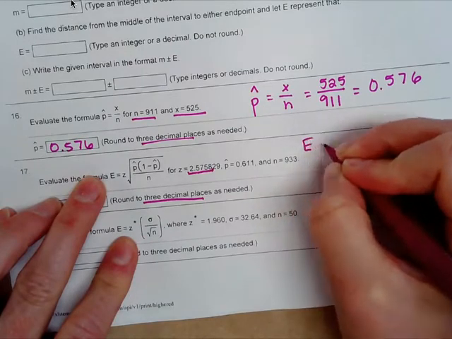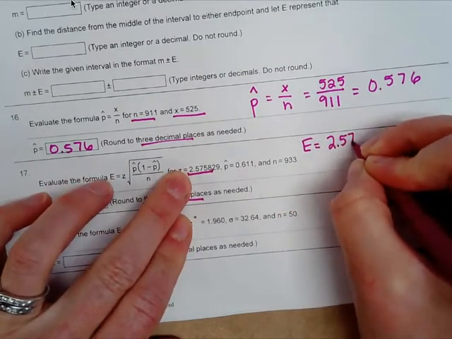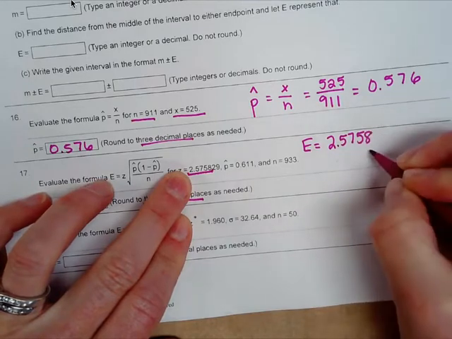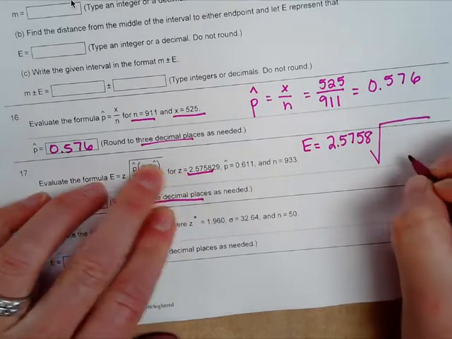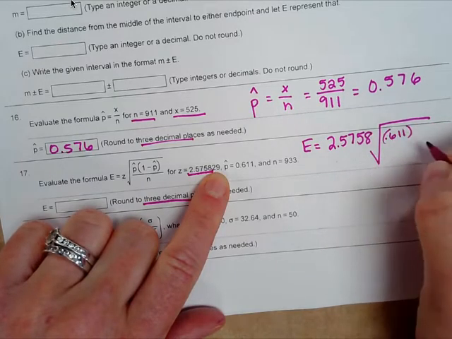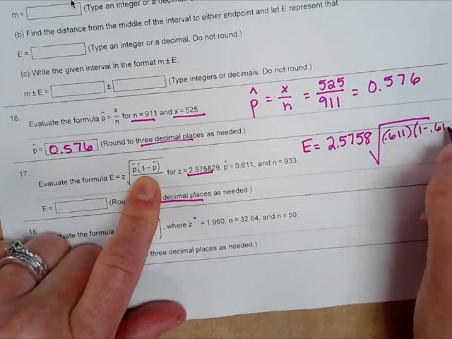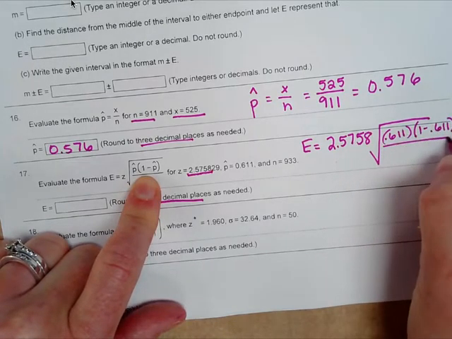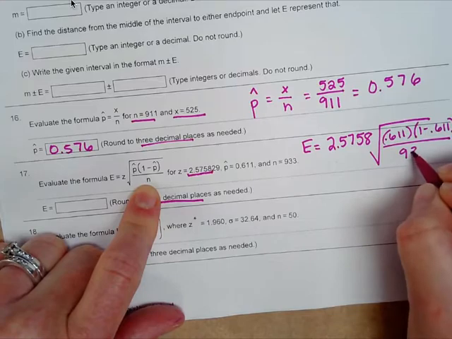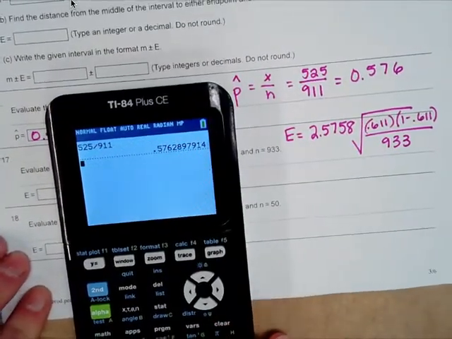So E is found by doing z, 2.5758, times the square root of p hat, 0.611, times 1 minus p hat, 0.611, that's the complement, over n, 933.